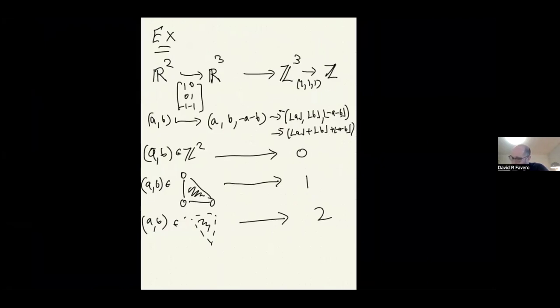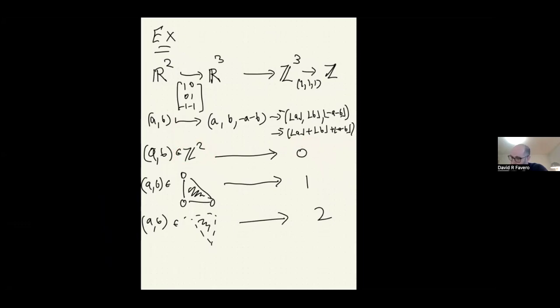Okay, so here again was the map: (a, b) goes to this thing. So if (a, b) is in the lattice, then this is a, b, and negative a minus b, so I get 0. Now I get the same value if I add some point in the lattice, right?